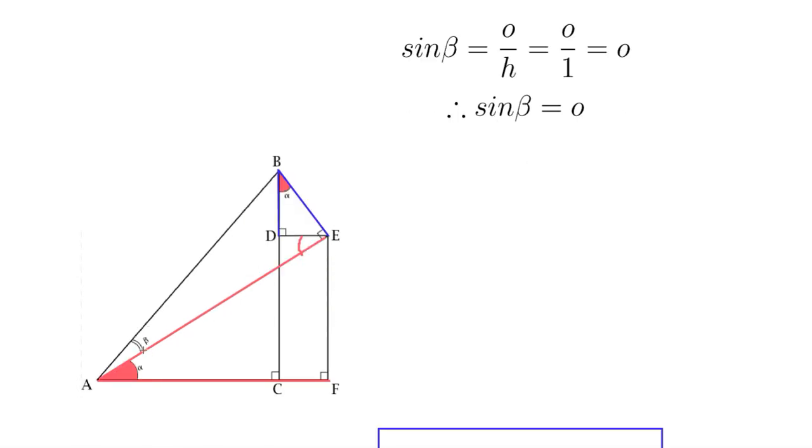We were looking at this triangle here. We said that as a result of beta being in this corner, the opposite was over there. So there's the opposite BE. The hypotenuse was this length here, which was 1. So sine beta was just opposite divided by 1, which meant that sine beta was just the opposite.